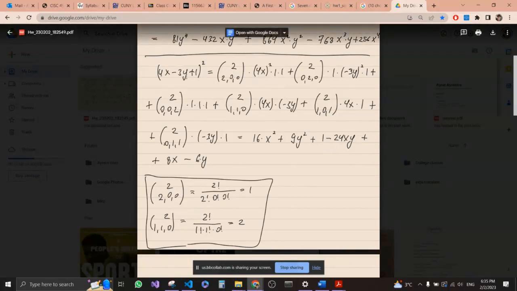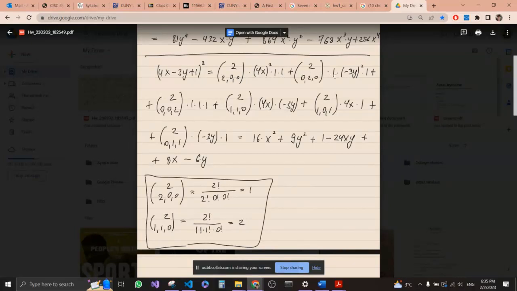Okay, so first one, 4x, this first term applied to the power 2. Then minus 3y and 1 apply to power 0. That's for the first term.